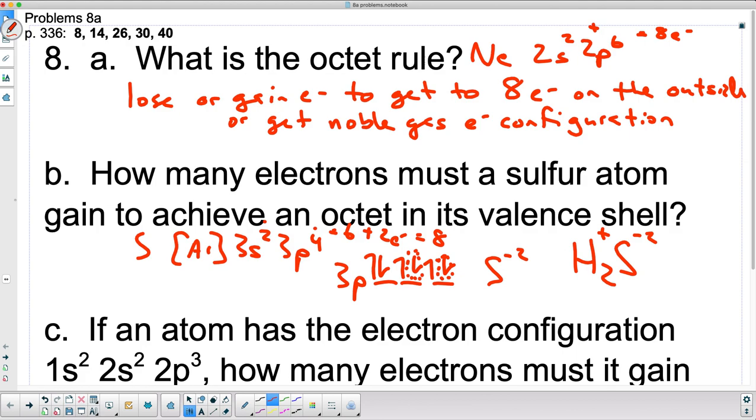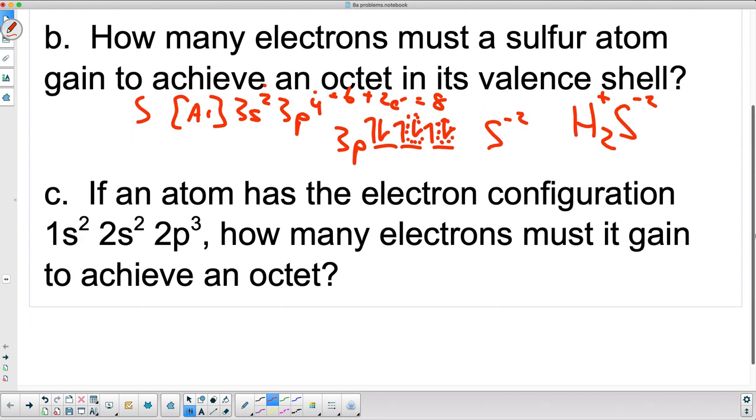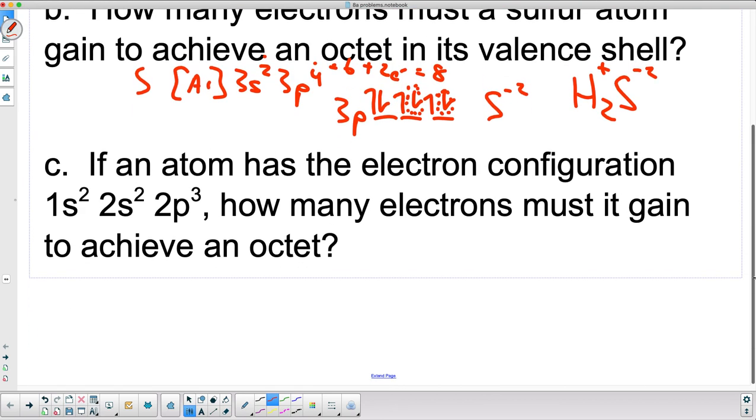All right, moving on. C, if an atom has electron configuration of 1s2, 2s2, 2p3, how many electrons must it gain to achieve an octet? Well, again, 2p has 1, 2, 3 orbitals. I got 1, 2, 3. Notice I'm spacing these electrons out. That was from Hund's rule. Remember, electrons are negative by nature, which means that they repel each other because of the same charge.